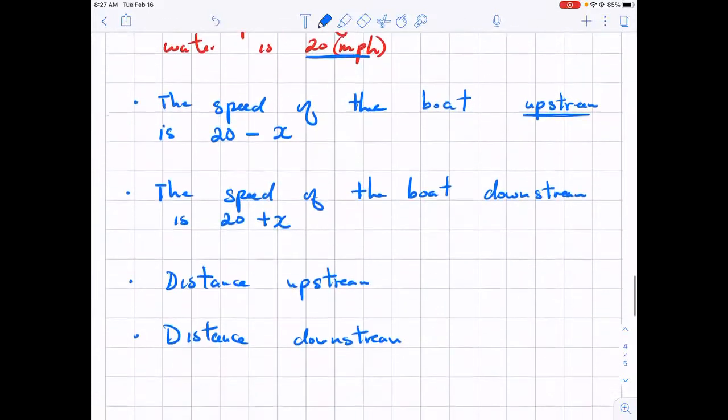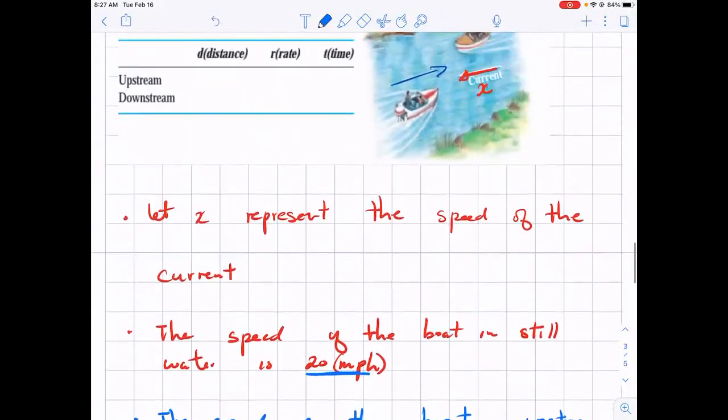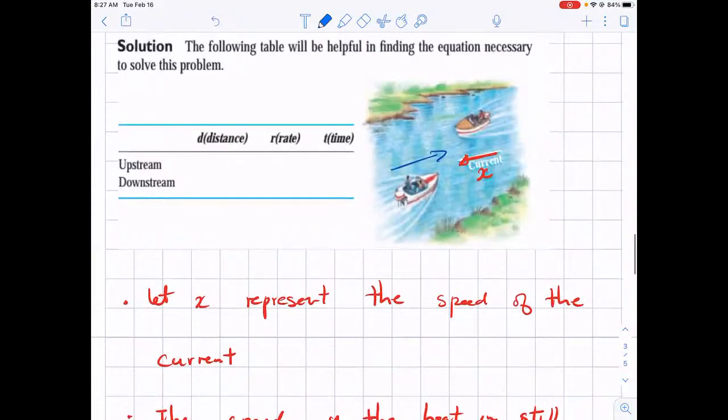So for downstream, it is 3, and for upstream, it's 2. Generally, when I get these types of problems, a little table is helpful. So I draw a table. We're talking about the distance, the rate, and upstream and downstream.